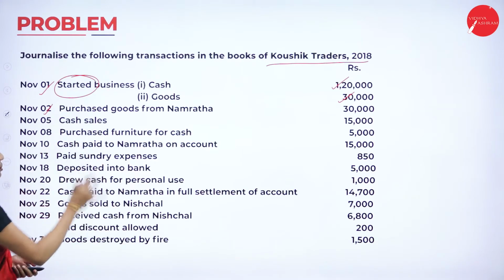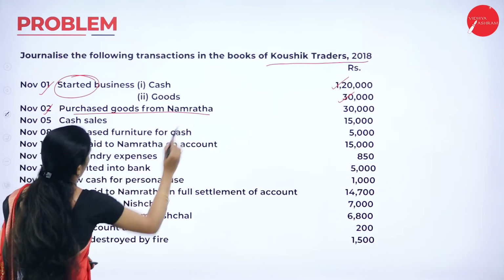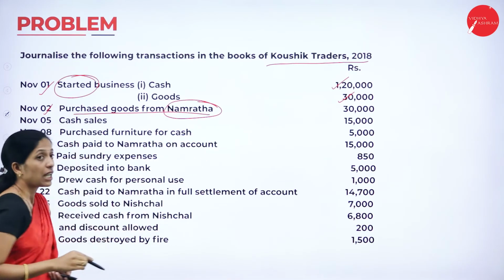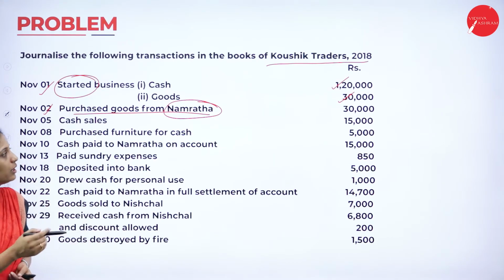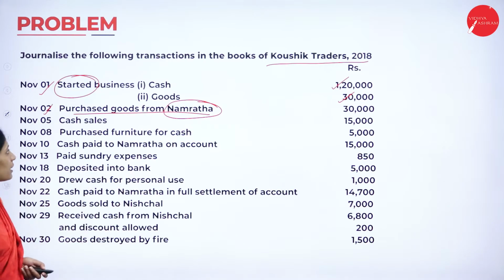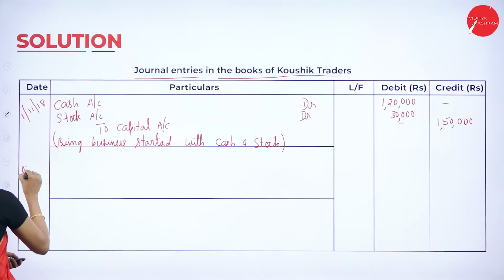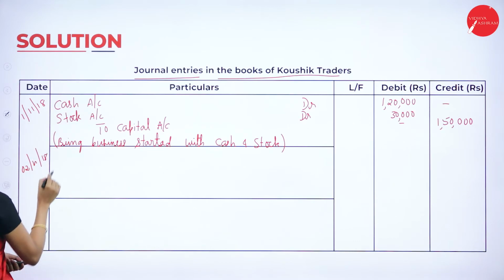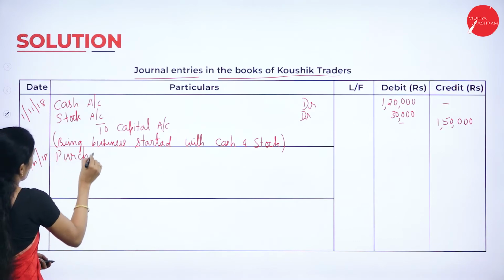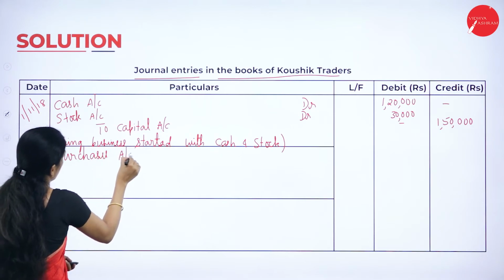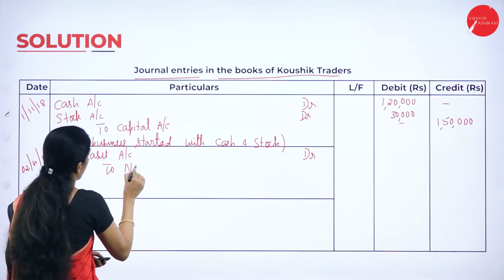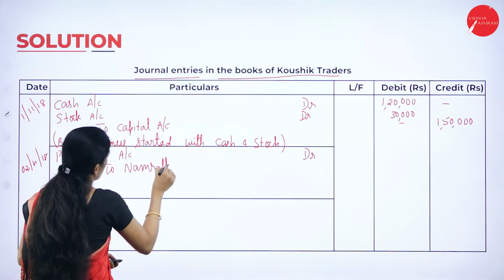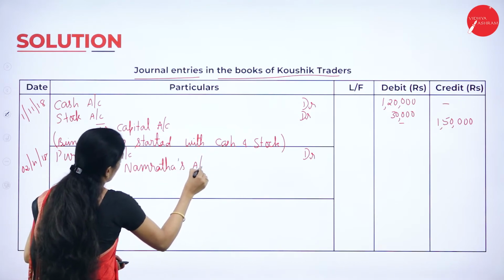Okay. Now coming to the next one. November 2nd, purchase goods from Namrata. So what is your journal entry? Here they have not mentioned the word cash. They have given the name of the person. In the sense, we have purchased on credit basis. So purchases account debtor to Namrata's account, how much? 30,000. 2/11/2018. So your entry is purchases account debtor to Namrata's account.